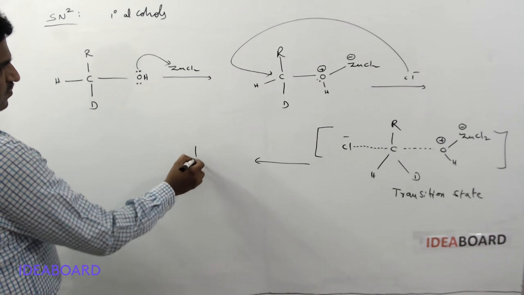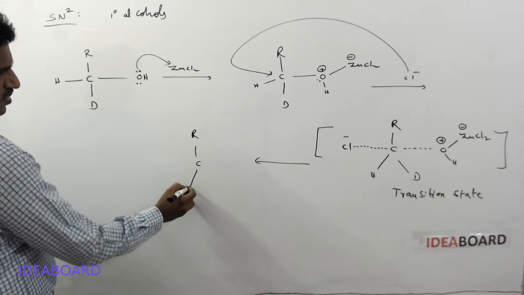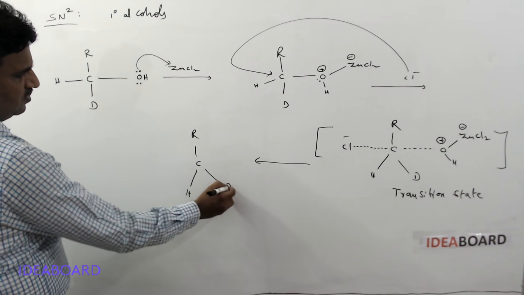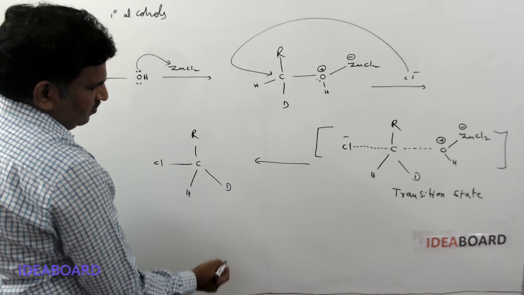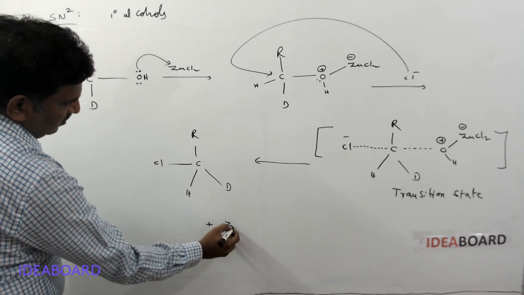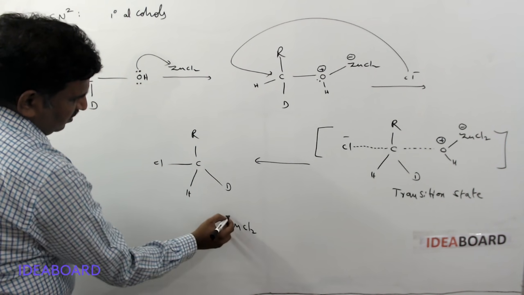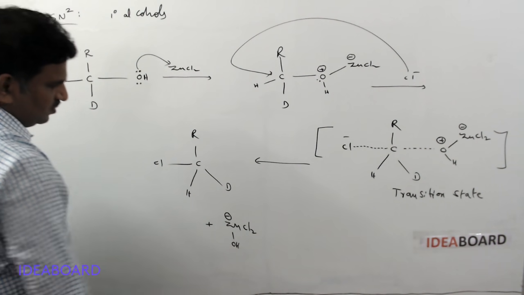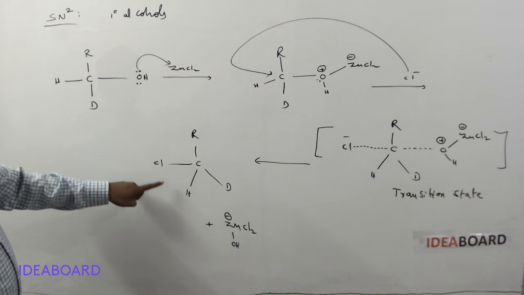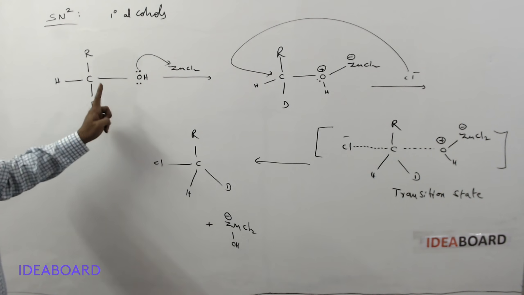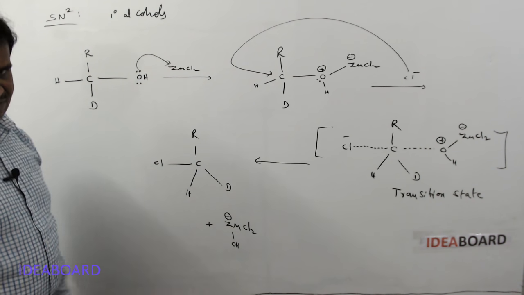Here the final product is R, H, D, and here we have chlorine, and the remaining compound will come out as ZnCl2 minus and OH. This is the final product formed, and it looks opposite to the configuration of the reactant, so this is the inversion product.